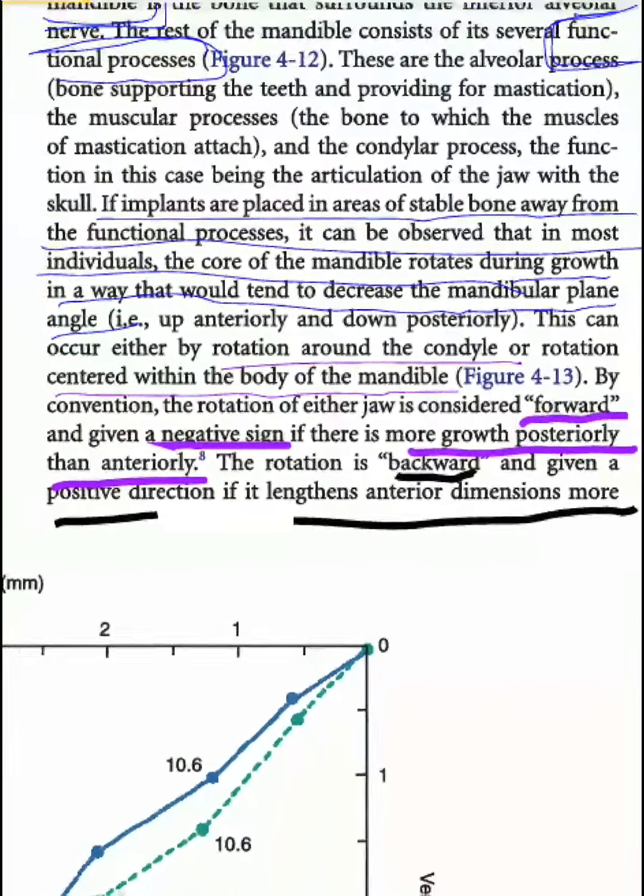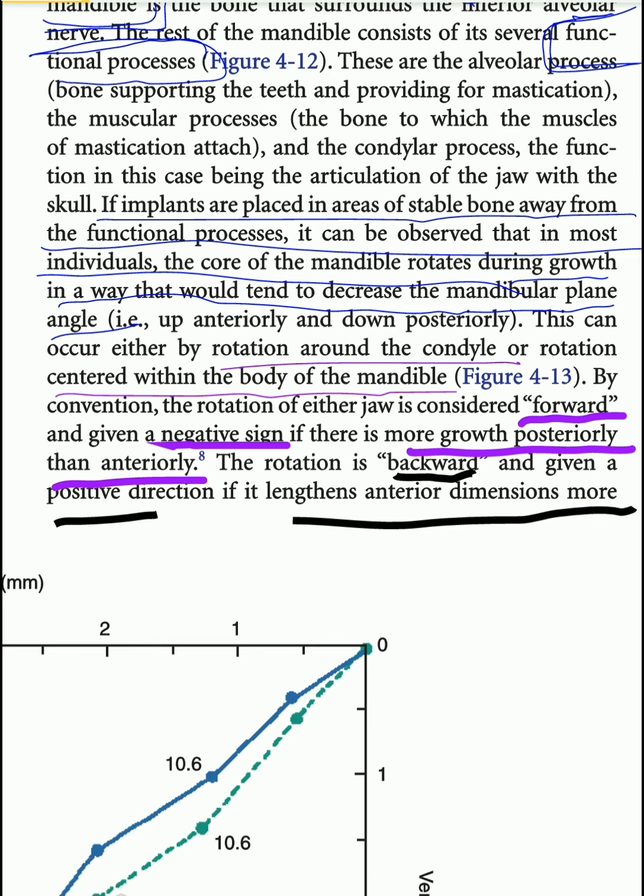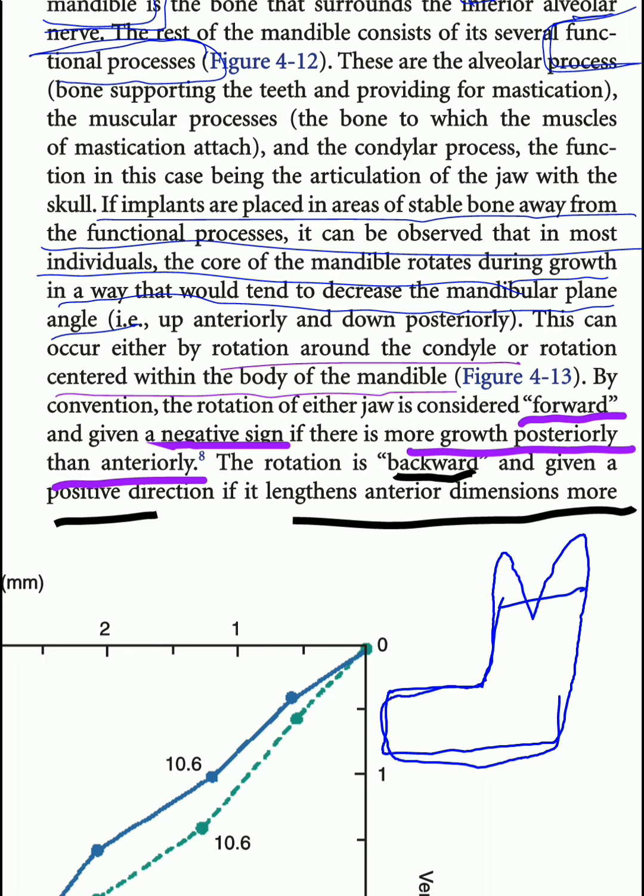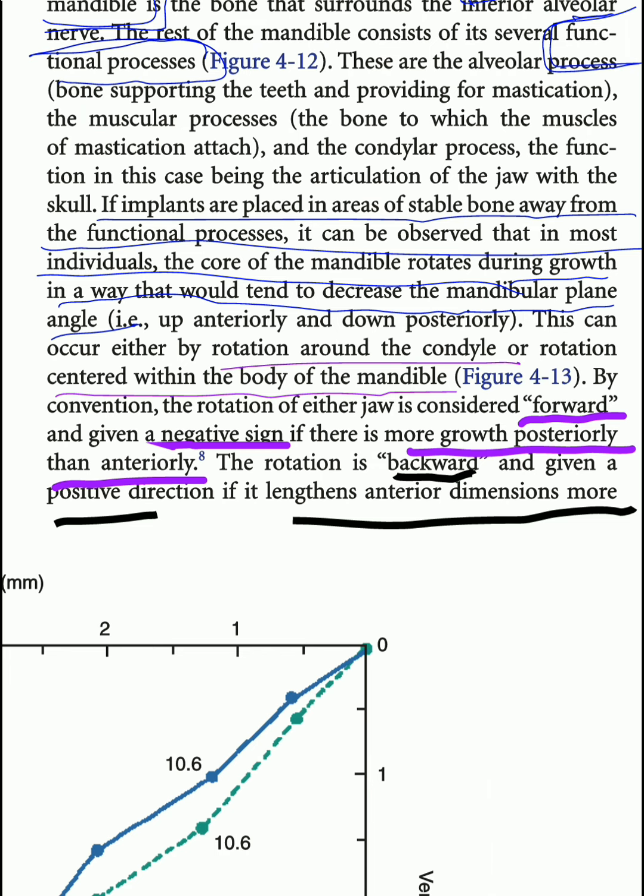Now coming to other terminologies. For example, say this is your condyle, this is the coronoid process, and this is your mandible. Now when the rotation is taking place more in the posterior region as compared to the anterior region, this kind of rotation is called forward rotation and it is given a negative sign. Let's understand why it is a forward rotation. Say this is your condyle.